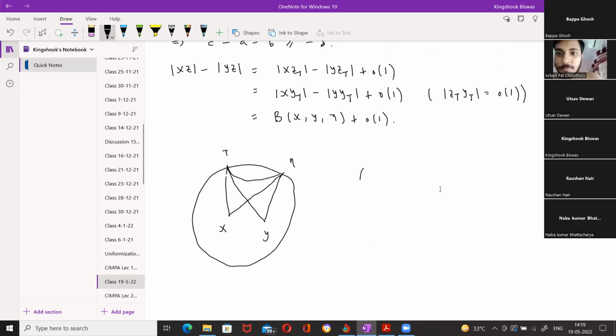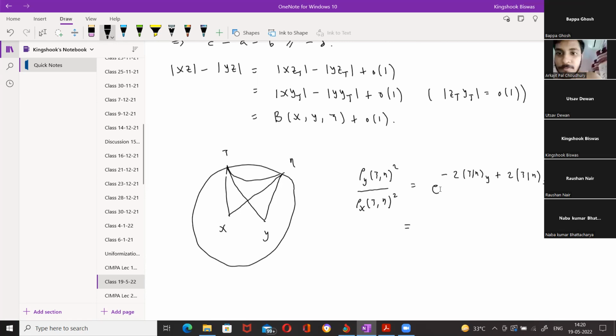So if I look at rho y(xi, eta) whole squared divided by rho x(xi, eta) whole squared, then this is e to the minus 2 Gromov inner product (xi, eta)_y plus 2 Gromov inner product (xi, eta)_x.